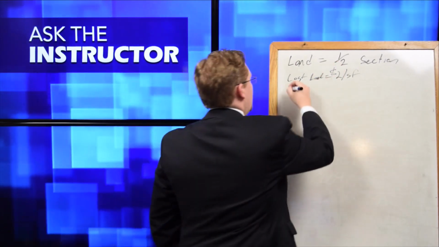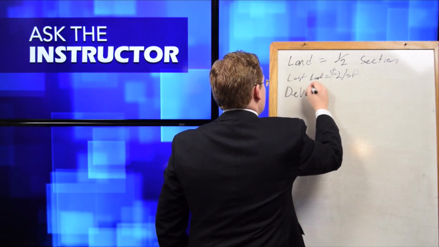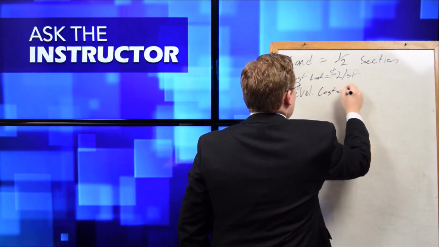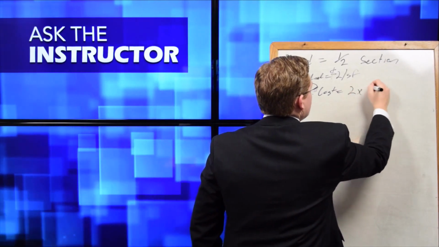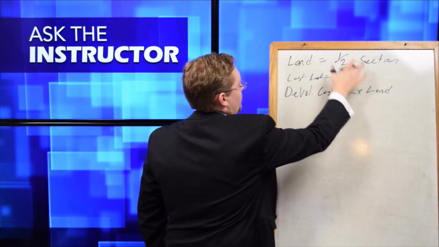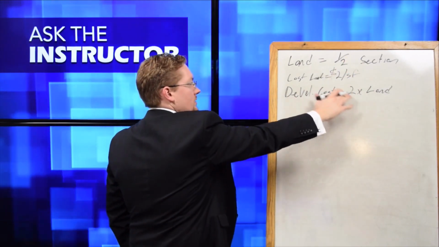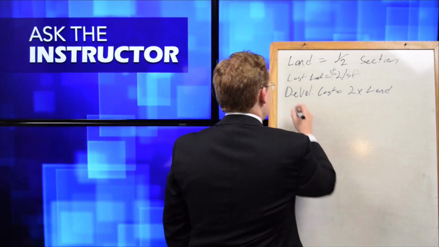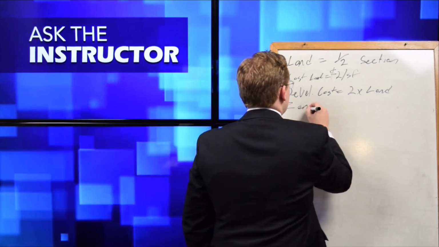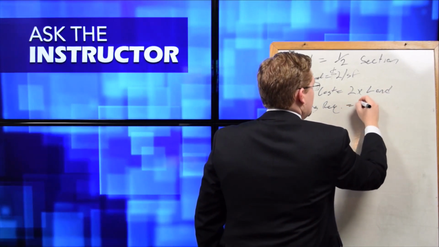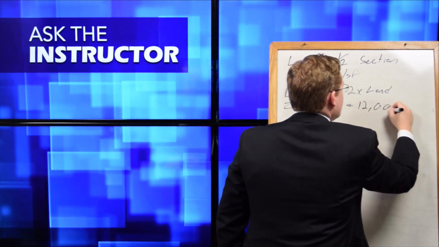Our development cost is, let's say again, 2 times the land. So it's going to cost us $2 a square foot for the land, and then the development cost alone is going to cost twice whatever that land total comes out to be. Our zoning requirement is, let's say in this case, 12,000 square feet.